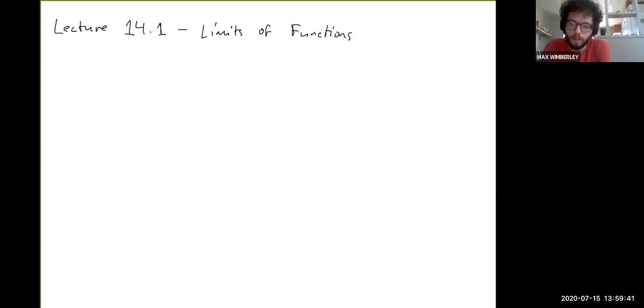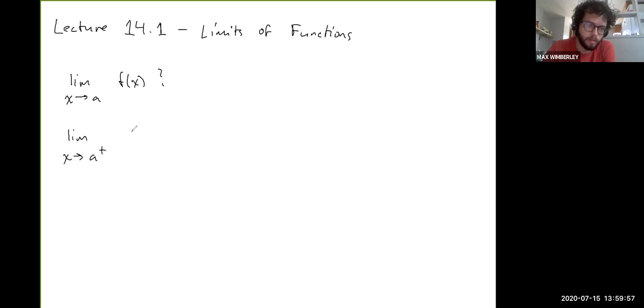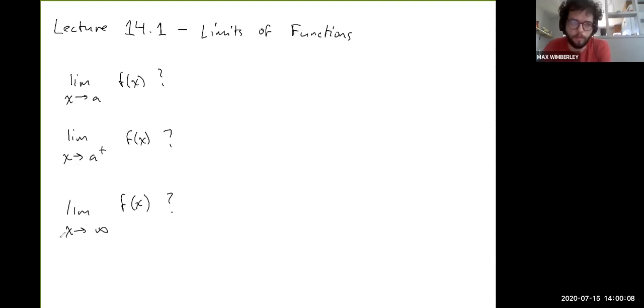You've probably seen the notation of the limit as x approaches a of f of x, or the limit as x approaches a plus of f of x, or the limit as x approaches infinity of f of x. So we're going to define all of these concepts now.